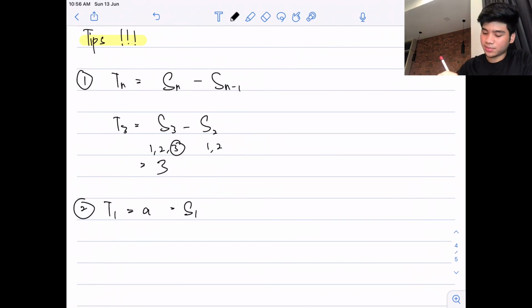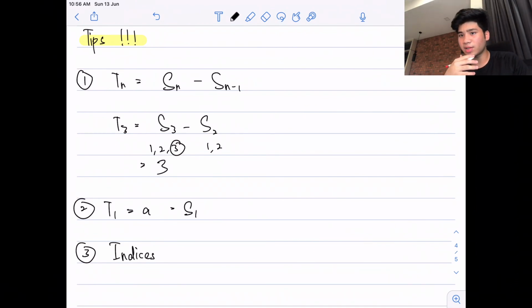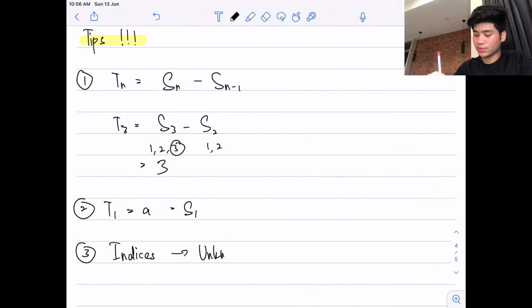Lastly, my last tip would be about geometric progressions especially. Basically, you have to be careful with the indices part of this. Because sometimes when they ask you to find a term, or to find a sum, you have to play around with indices. So that one's a very difficult one. It's like indices with unknowns. So you have to be careful with how you flip through it.